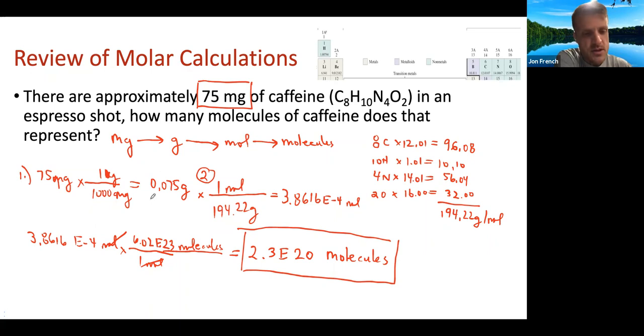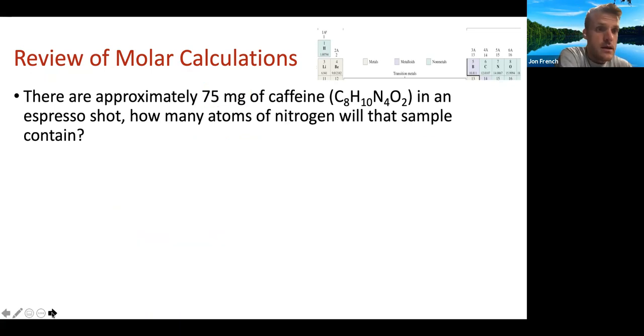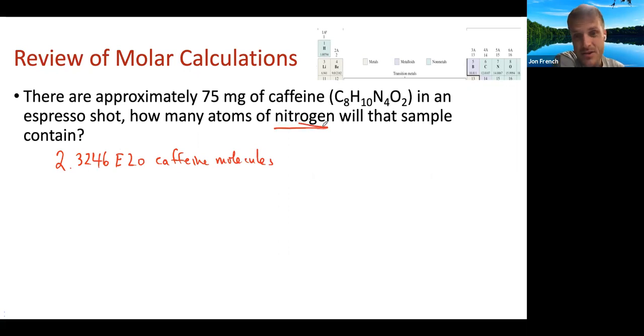And so that's the next question that we did in class. Saying that we have all of these molecules, we had 2.3246 e to the 20th caffeine molecules. I then asked how many nitrogen atoms do we have?